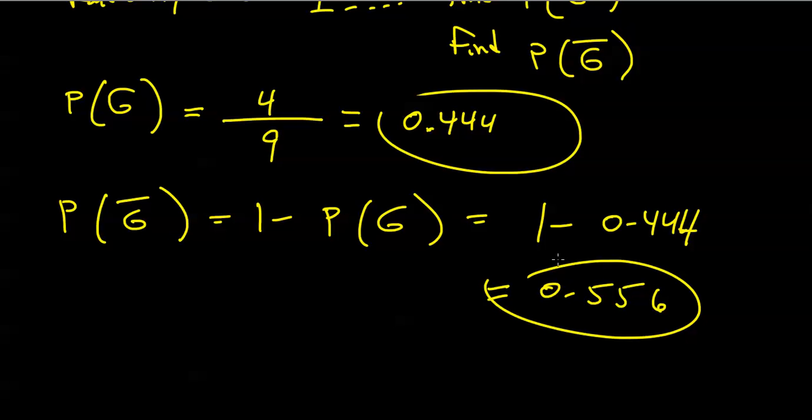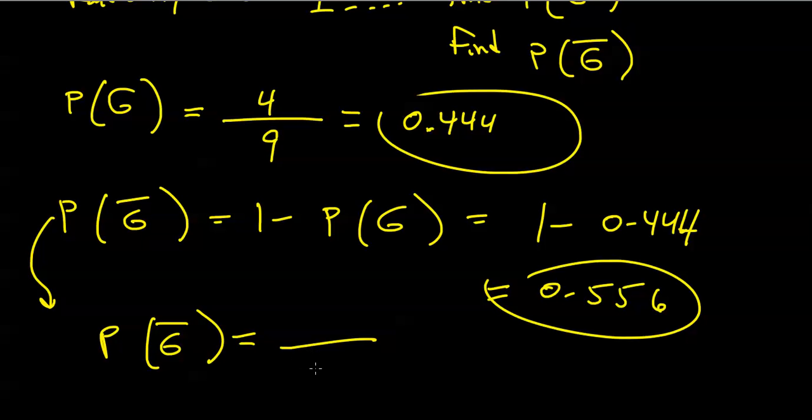I'll call it 0.556. Of course, I could have got there a little more directly. If I said the probability of not green, well, how many balls are there? There's still 9. How many not green balls are there? Well, 5 out of the 9 balls are not green, and we get the same result, 0.555555, repeating decimal, or 0.556, I'll call it.